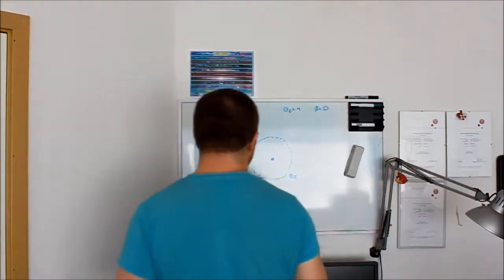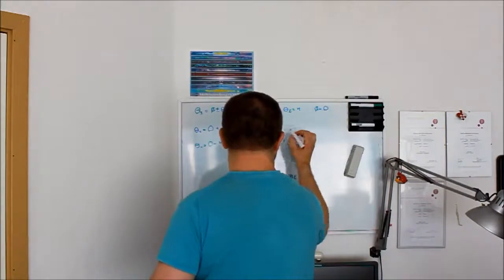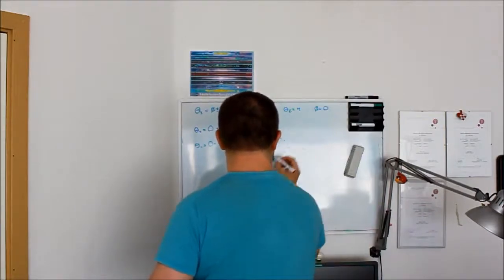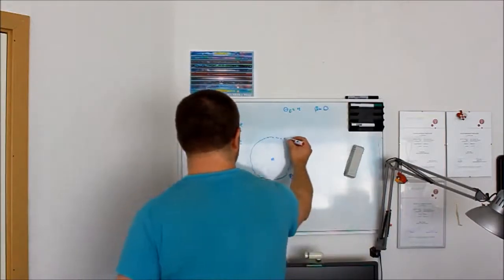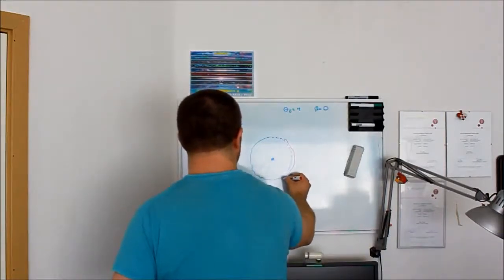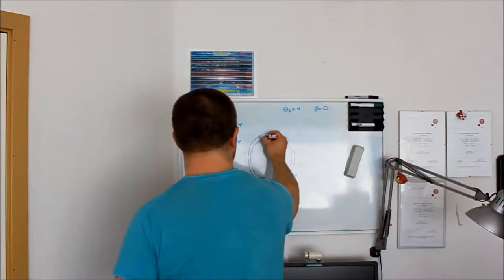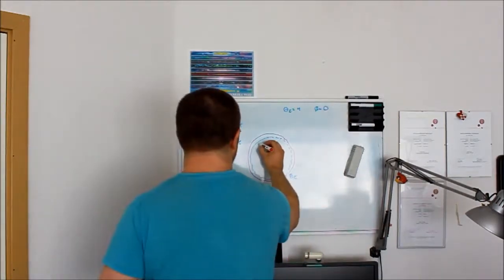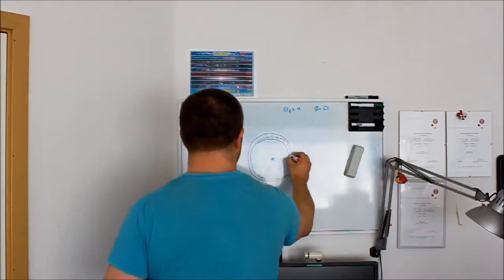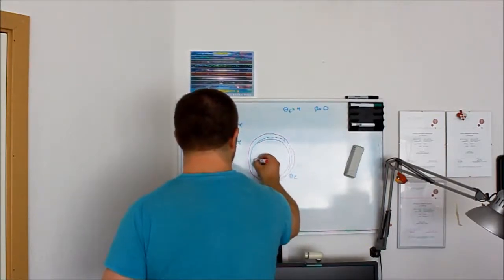Let's put that in. So we get one dot here, one dot here. But in actuality what we see is an Einstein ring, a highly magnified image of the source all the way around.